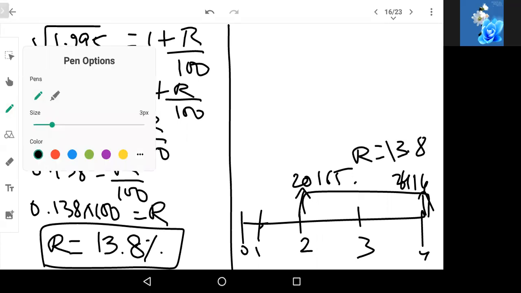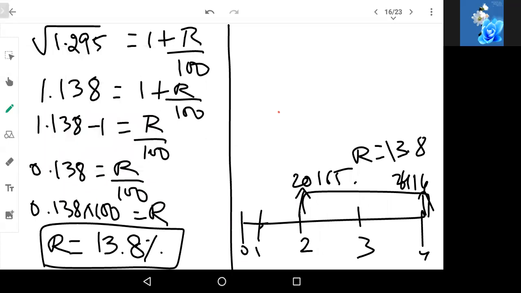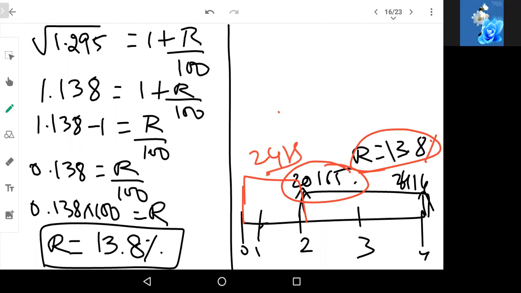Now in the second step, we will use the data between these 2 years. That is, here you have 20,165 and we know the percentage. We know the number of years, that is 2 years. So using all this data, we will find out principal. First we used this data. Now we are using these two data.